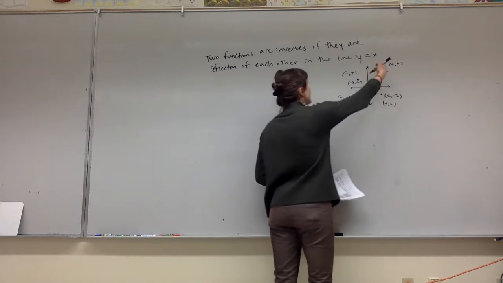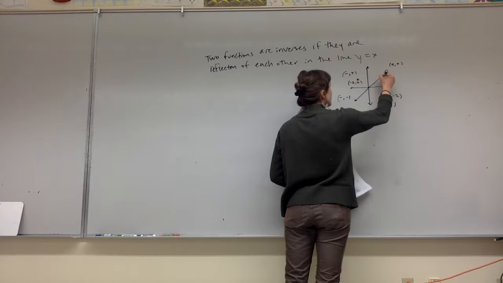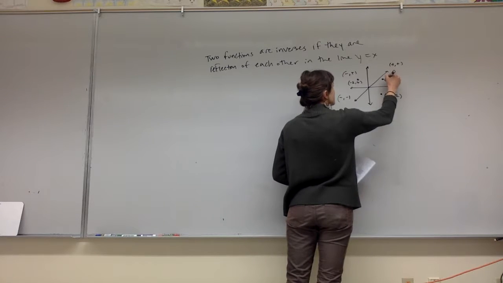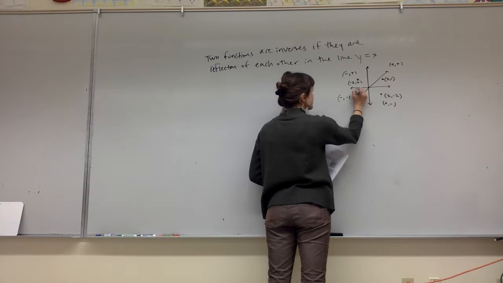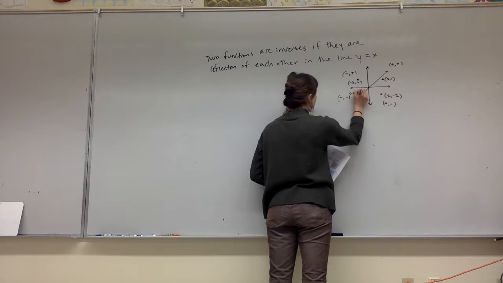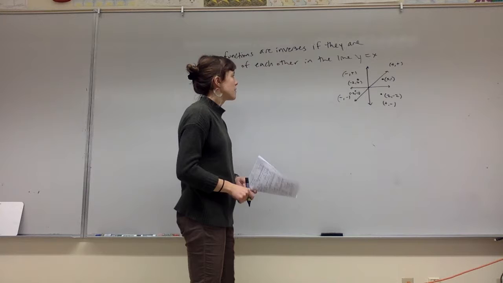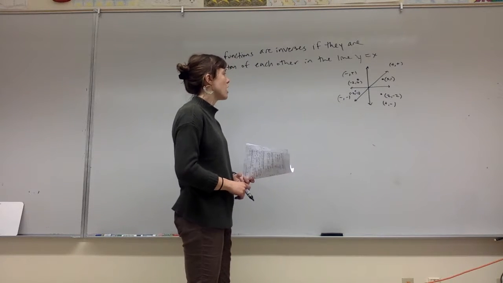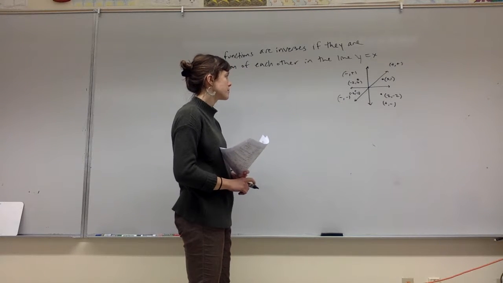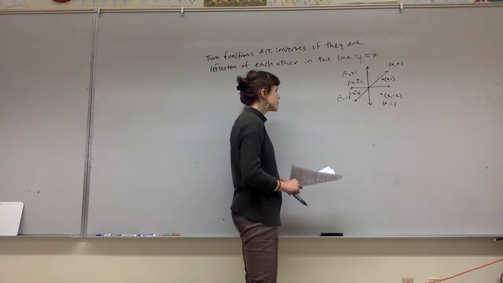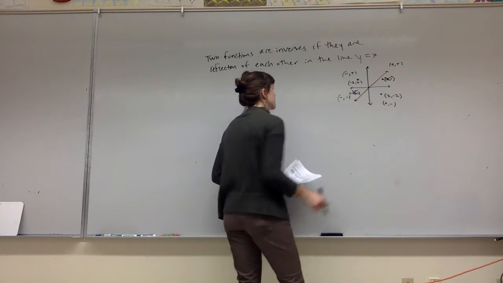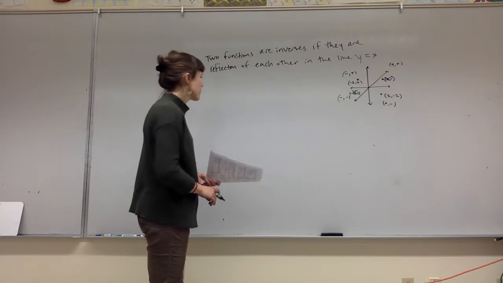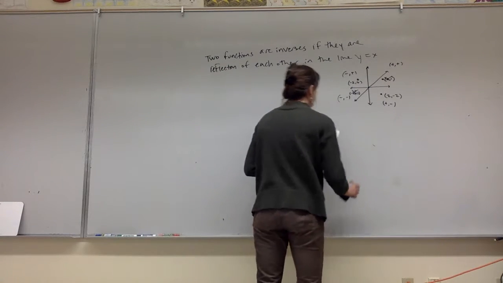So like here, if I have a point on a line and it's 3, 1, here it's going to be -3, -1. So those would not be reflections. These would be.